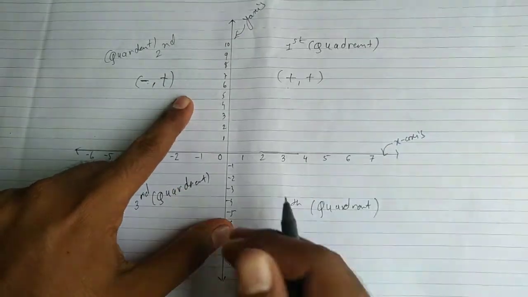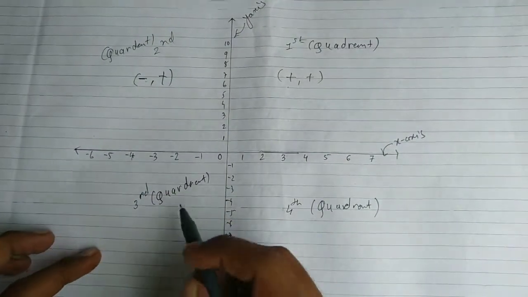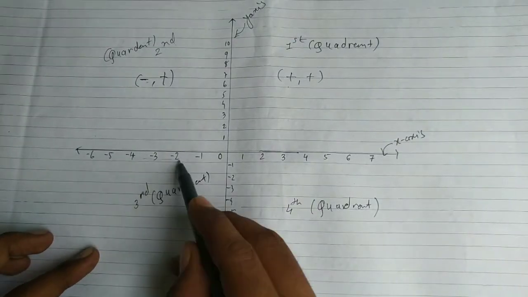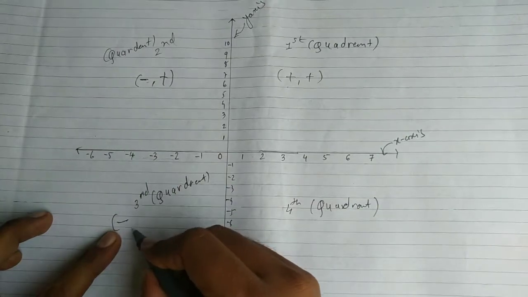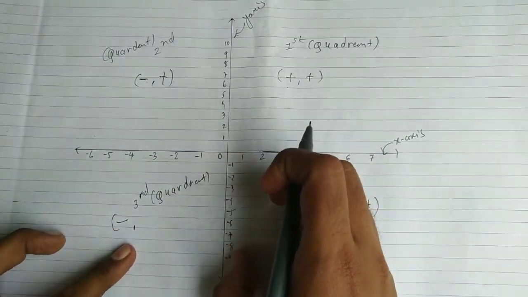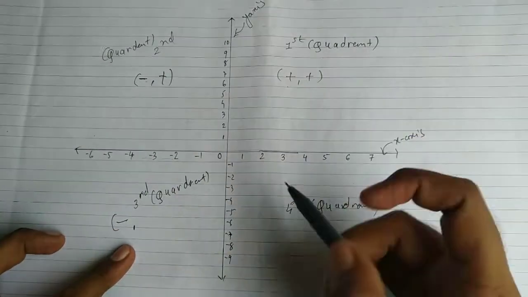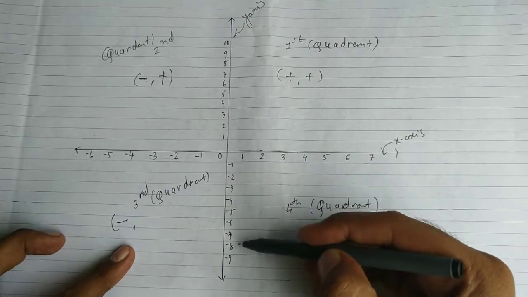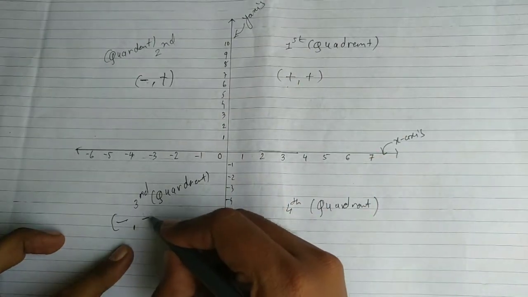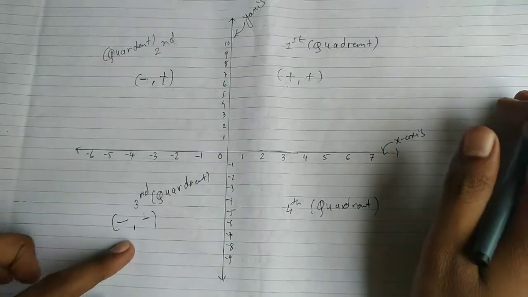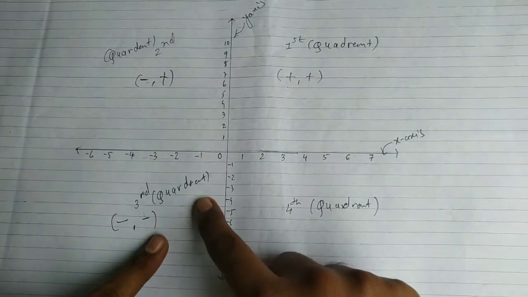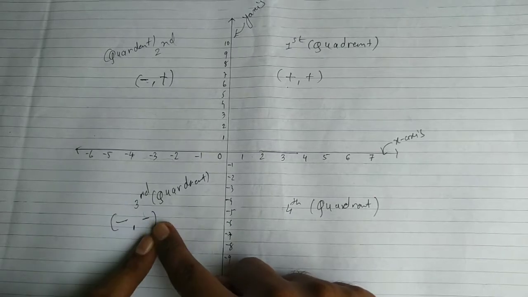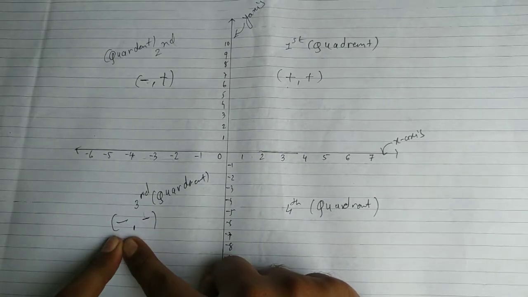In the third quadrant, the x-axis number line is negative and the y-axis is also negative, so both are negative. That is, the x coordinate points are negative and the y coordinate points are also negative.